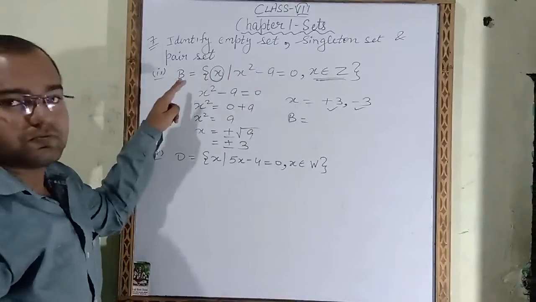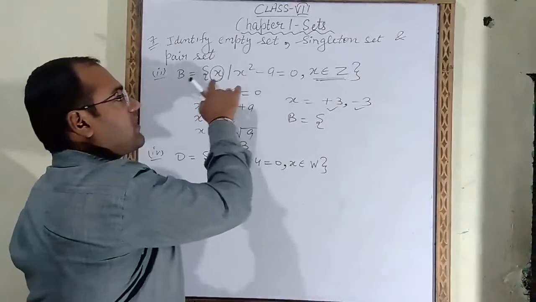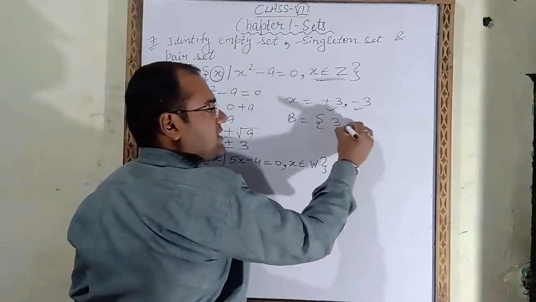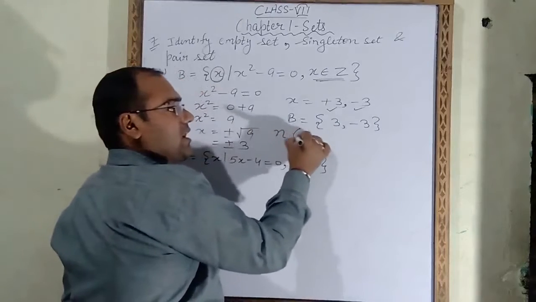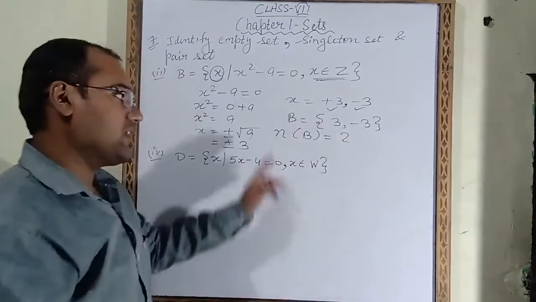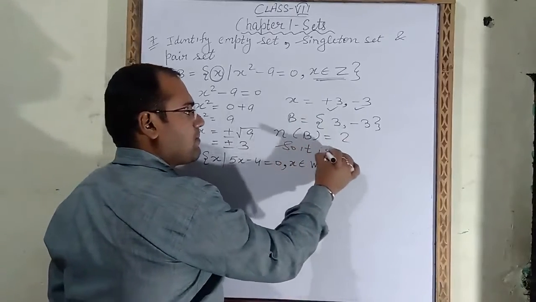The name of this set is B. So we have to write B is equal to, in B we have to write the values of x. x has two answers, so here we write 3 and minus 3. Now the cardinal number of B: how many numbers are there? 2 numbers. So the cardinal number of B is 2. So it is a pair set.